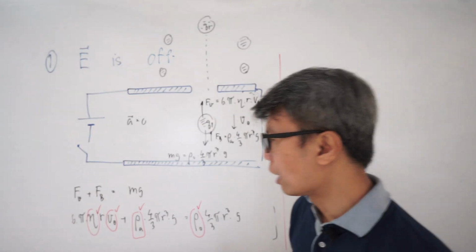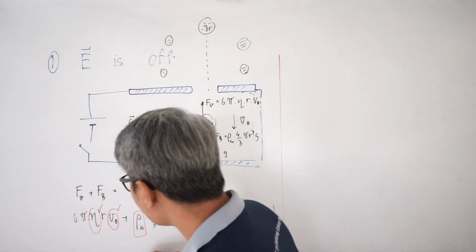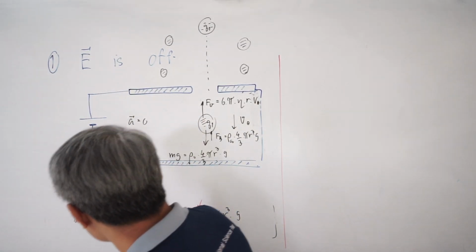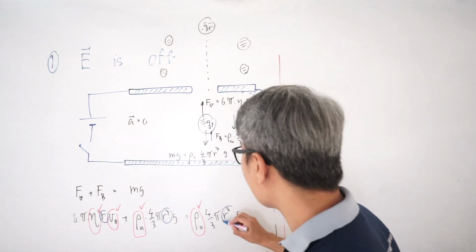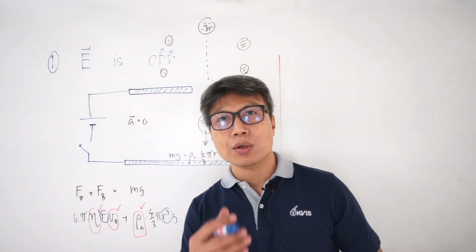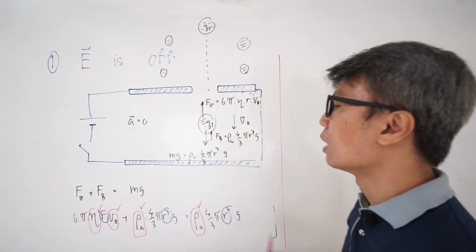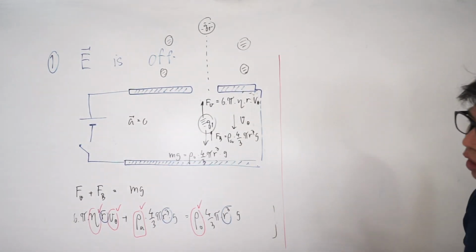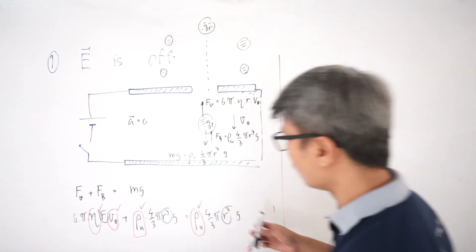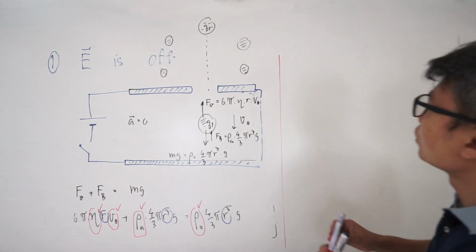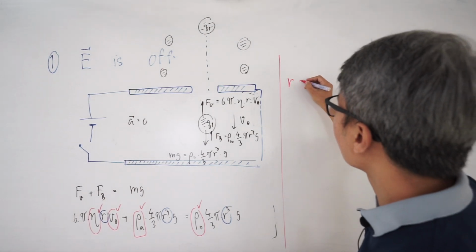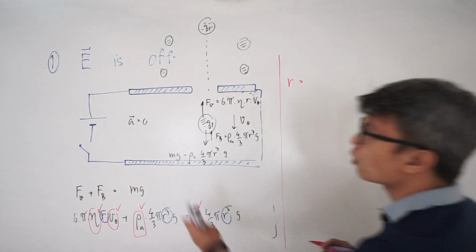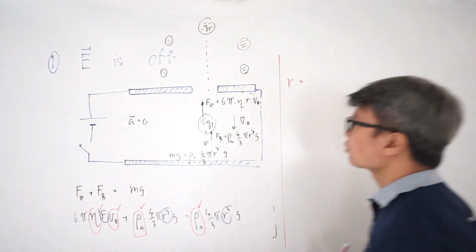And definitely, you have only one variable that you have to calculate. In this case, it is the radius of the drop that you are interested in. From this equation, if you rearrange the variables, finally you will get the radius of the drop from the first step of the experiment.